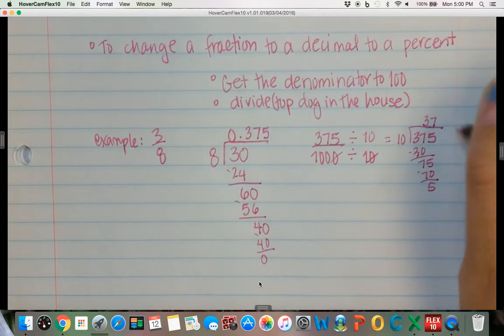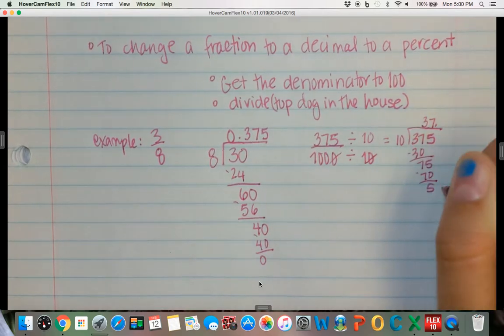There's nothing to bring down. So I have to put a decimal and add a 0.